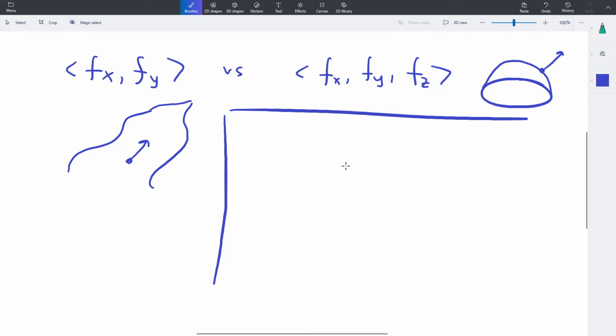For the 2D gradient, you're basically having f(x, y) is some function of x and y, like the square root of x squared plus y squared, to make it a kind of a hemisphere.